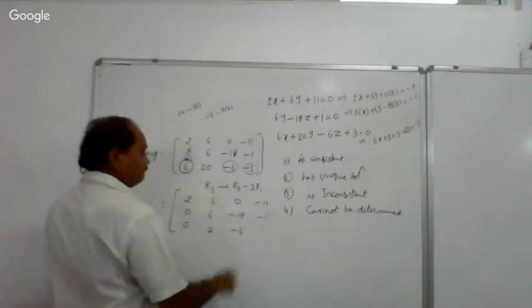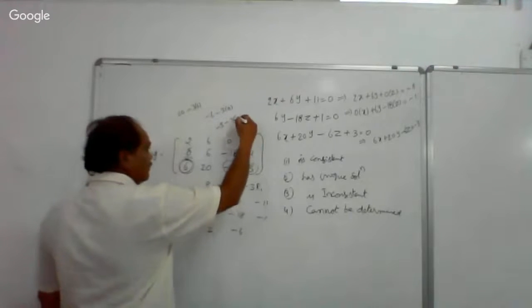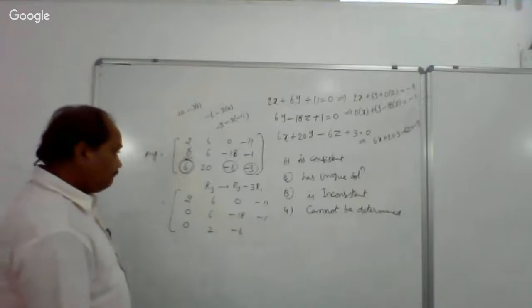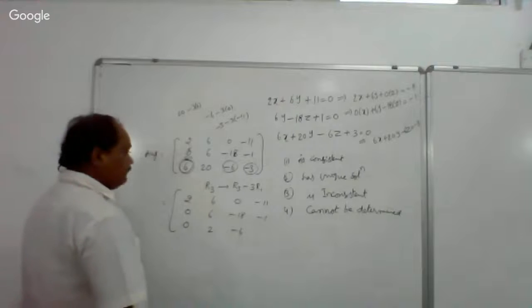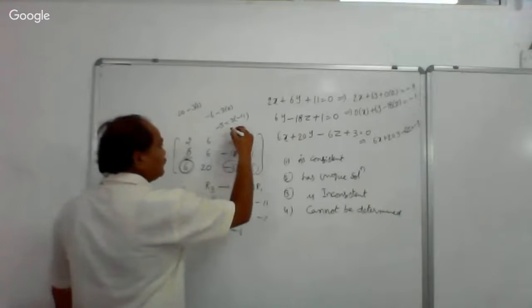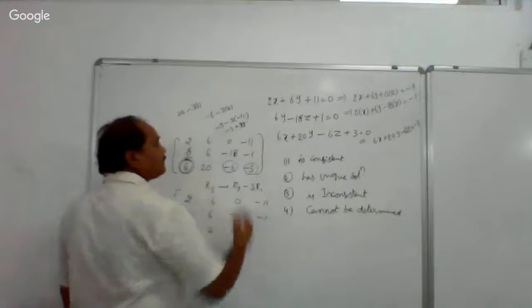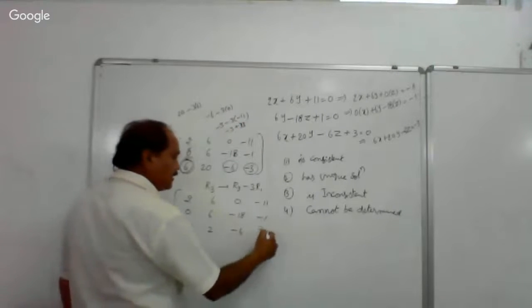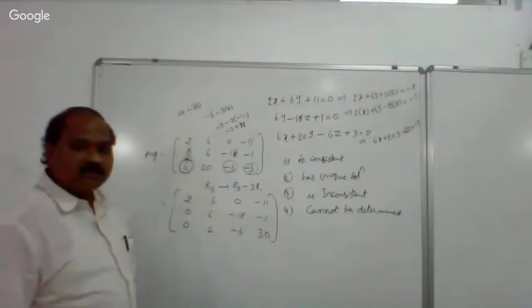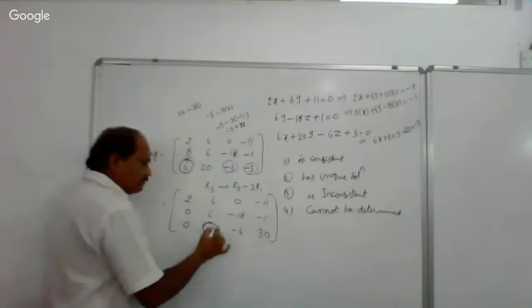Here, minus 3 minus 3 into minus 11, that is minus 3 plus 33, it is 30. Okay, now again make 0 here.